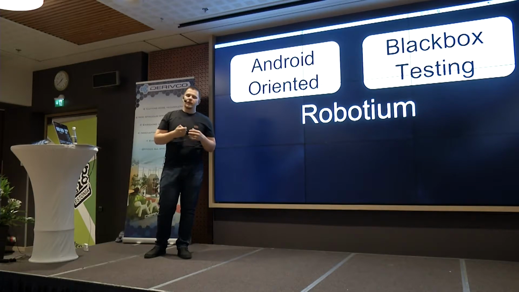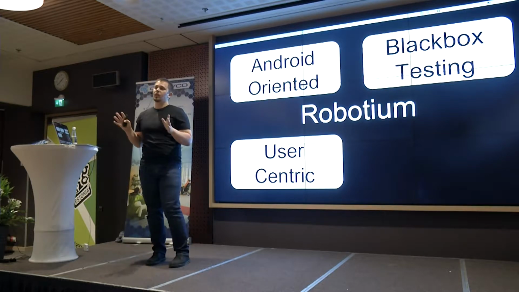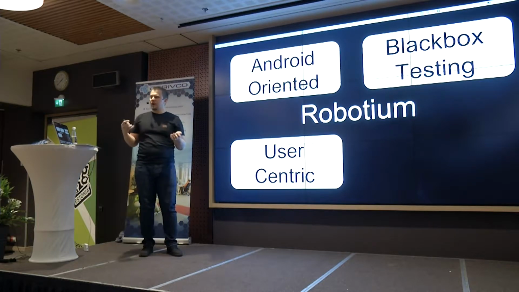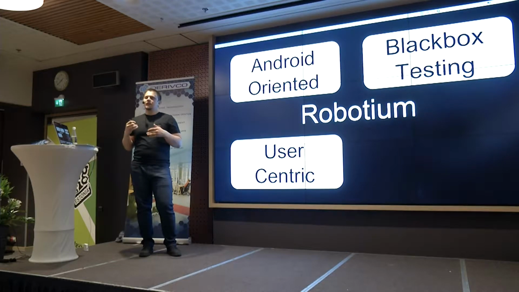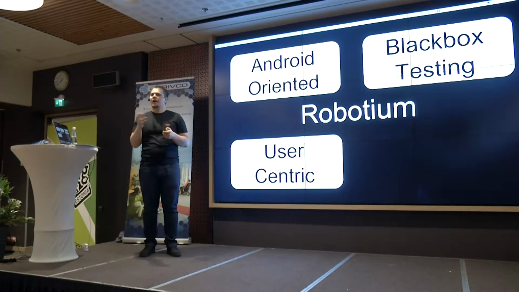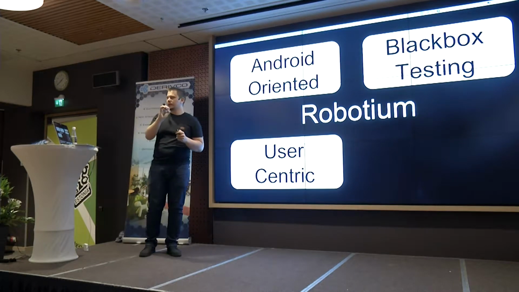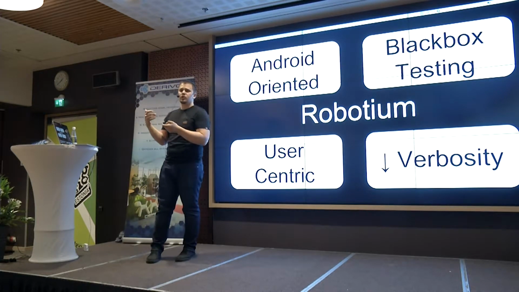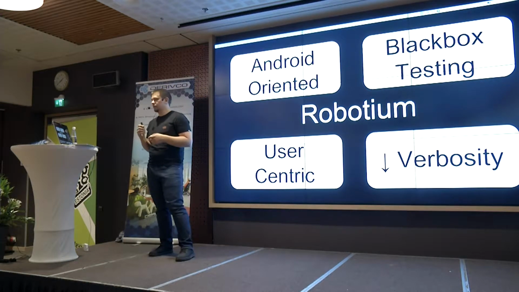I don't necessarily agree with that, but what I agree with is that it's really user-centric testing, where they've done a very good job with encapsulating and abstracting the APIs, where you don't talk about interactions like with Selenium, where you would say send keys, press the button. Instead, they really focus on encapsulating and calling it like unlock the screen, swipe left, right. So I really like the encapsulation there. They're really user-centric and task-oriented. And obviously that ends up limiting the verbosity of this framework, which is usually a complaint about Java, to be way too verbose. So whenever there is help in that regard, it's always good to have.